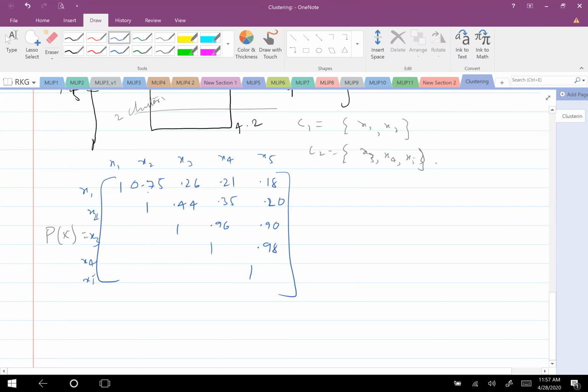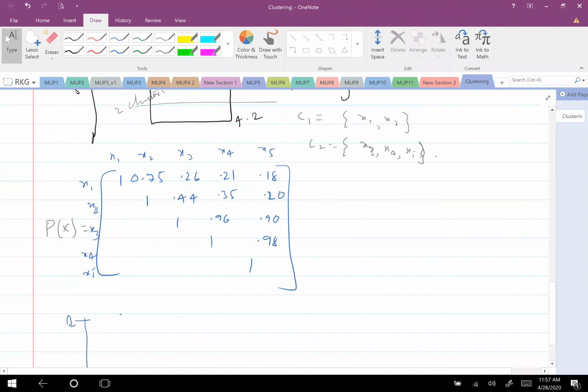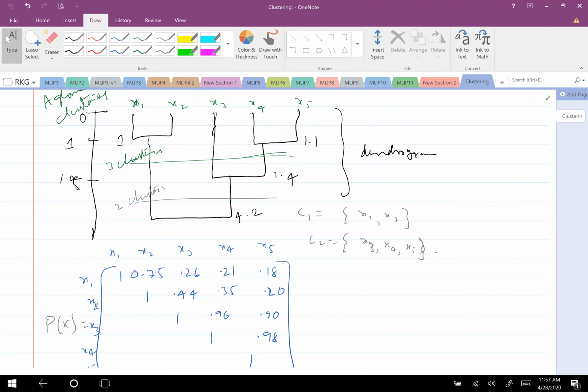By looking at the diagonal, you can tell it is a similarity measure, and you make a dendrogram from it. Now the dendrogram starts from 1 and goes to 0, more similar first. So make a small dendrogram, make two clusters and three clusters by breaking, and see whether they are the same as the distance-based, dissimilarity-based ones or different.